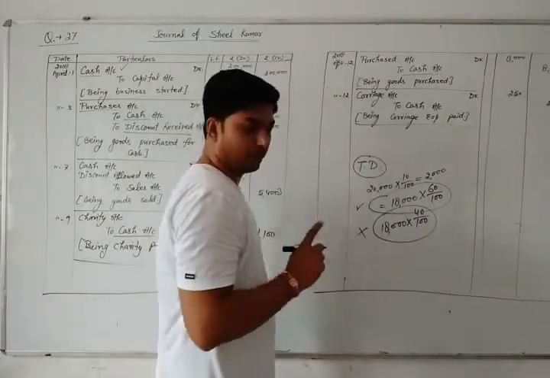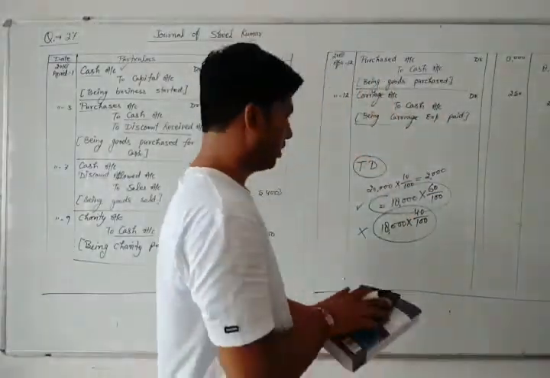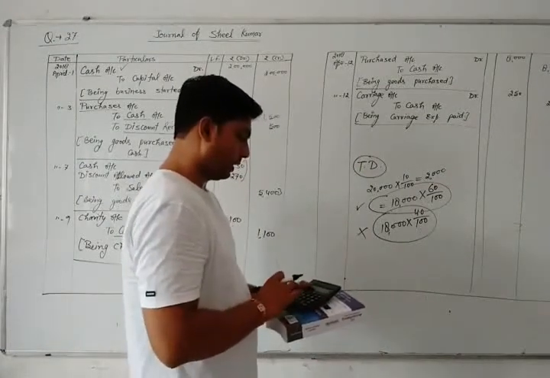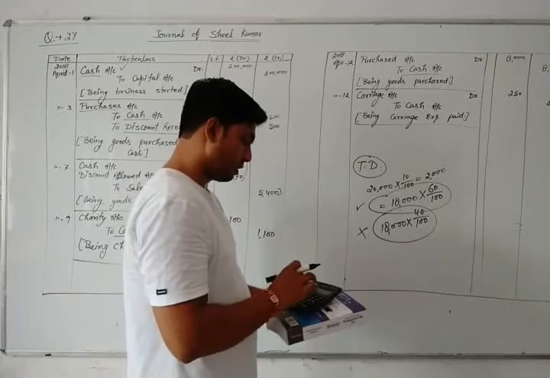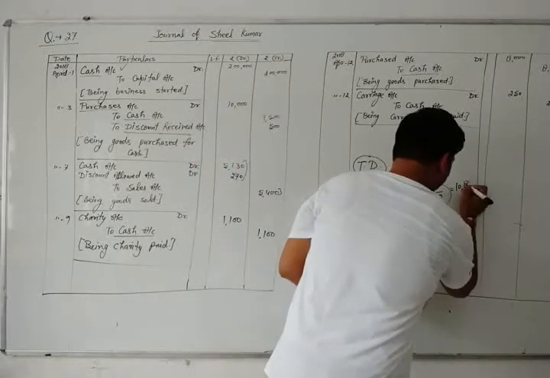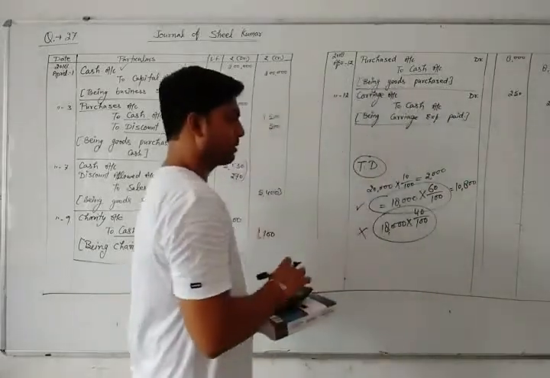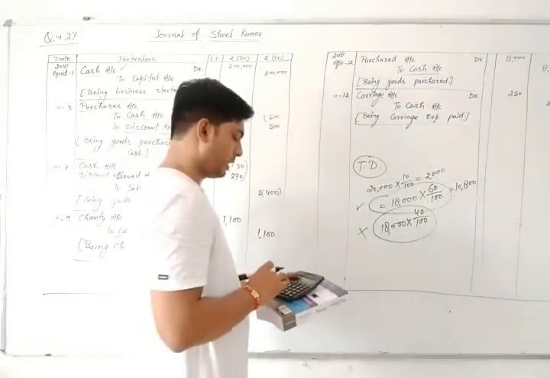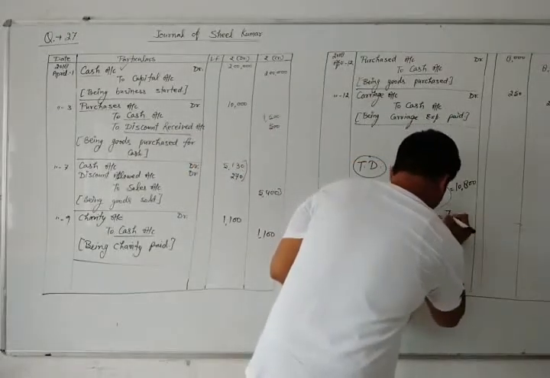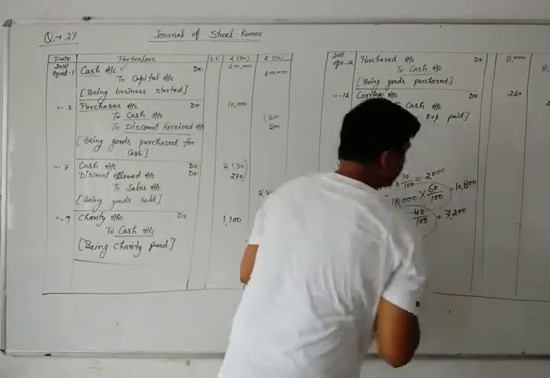So first we are going to find out the value of 60% of 18,000. So 18,000, 60%, that is 10,800. And the balance amount, whichever is left, that would be 40% of 18,000.